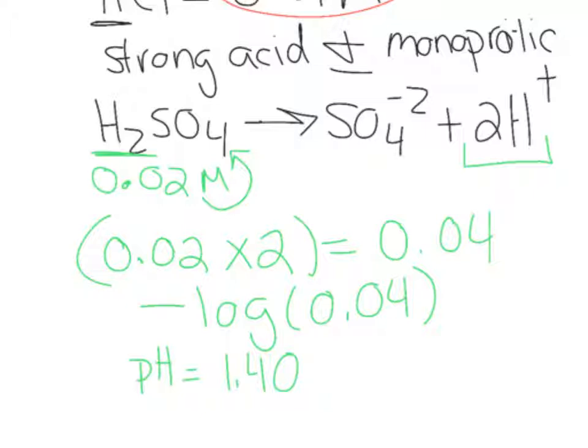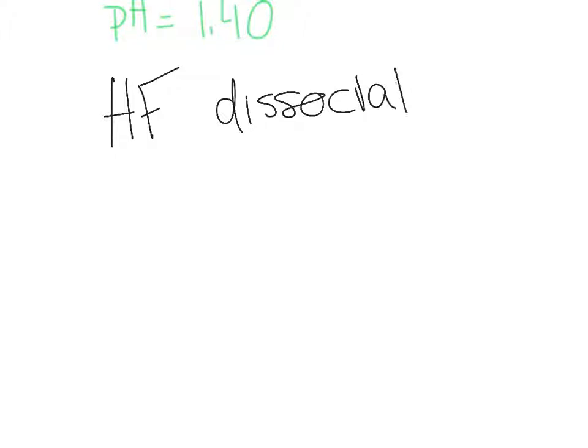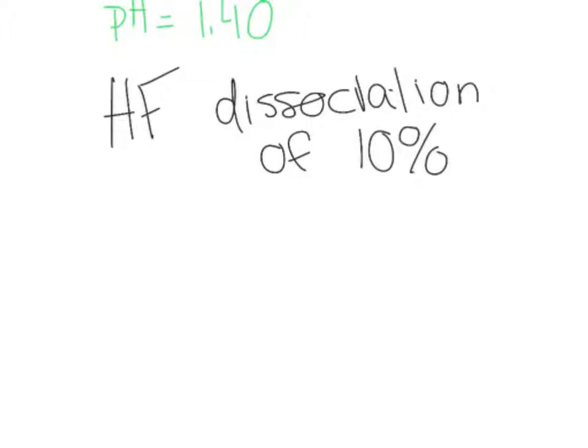Now, for weak acids or bases, you need to be given an extra piece of information. Let's say that we have HF. HF is a weak acid, and I'm making this up as I go along, but let's say HF has a dissociation of 10%. That means that hydrofluoric acid only splits up into its ions 10% of the time.